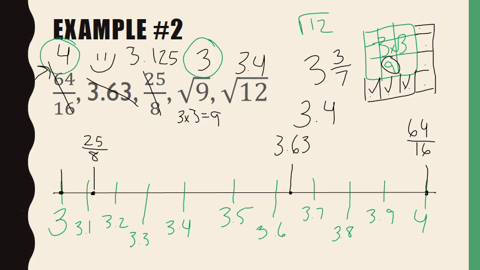And I'm going to label that square root of 9. And then finally, the square root of 12 was 3.4 just about. So we're going to put our point on 3.4, but we're going to label it the square root of 12. Now we have our 5 points on our number line.